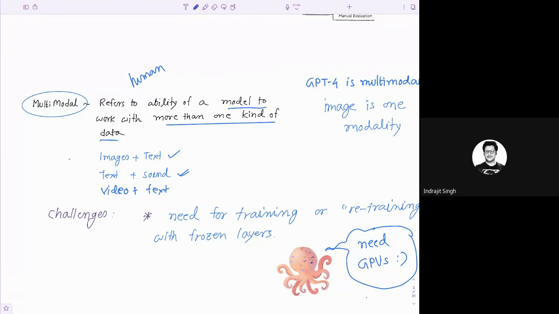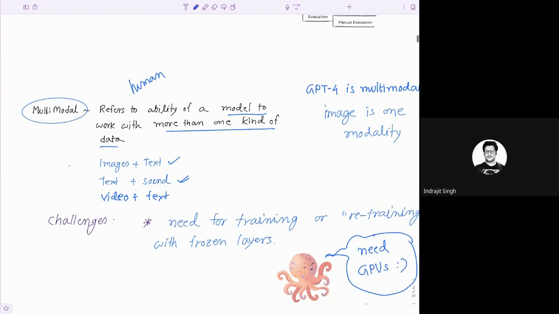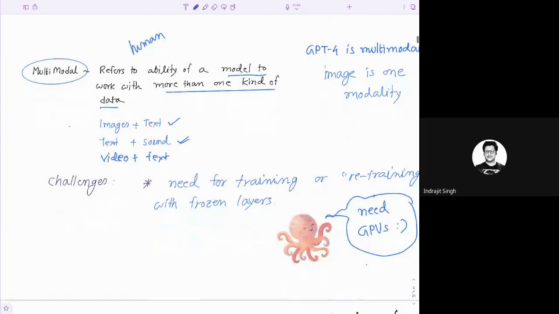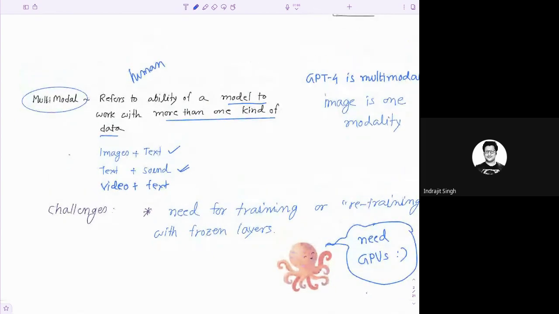We understood we wanted that, but what are the challenges? There are many challenges. You need a training for that, right? So you need to feed in images and text, and you also need a proper data set for that, so that the model can be trained properly, or fine tuned properly, right? So those challenges are there.